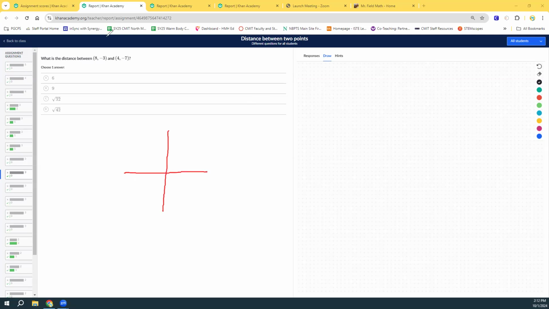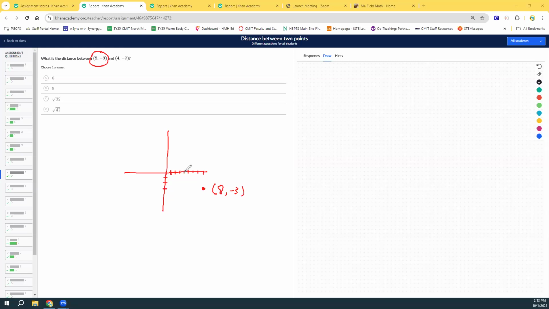So 8, -3. We're going to go over 8, 1, 2, 3, 4, 5, 6, 7, 8, and down 3. Put a point right here and label it 8, -3, and 4, -7.